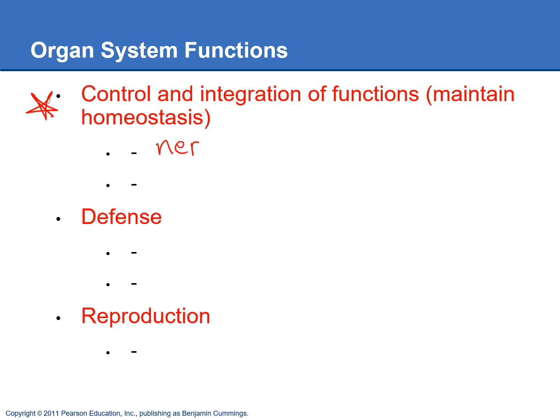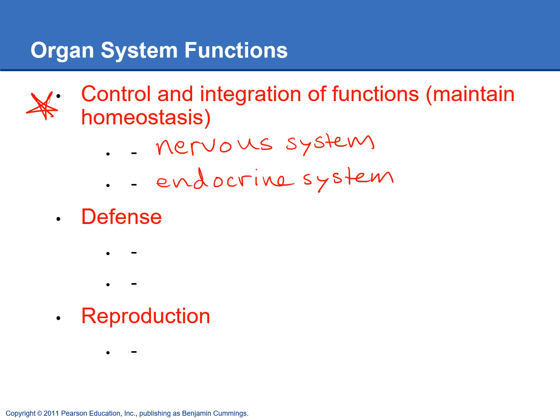So the two that are in charge of the body and maintaining homeostasis would be the nervous system and the endocrine system. So this is really important to know. Make sure you memorize this because we're going to keep coming back to this because it's really, really important to maintain homeostasis in the body.